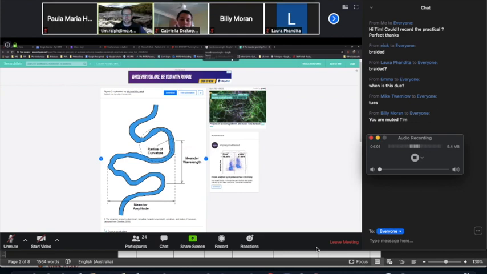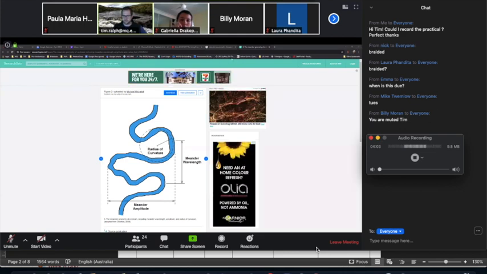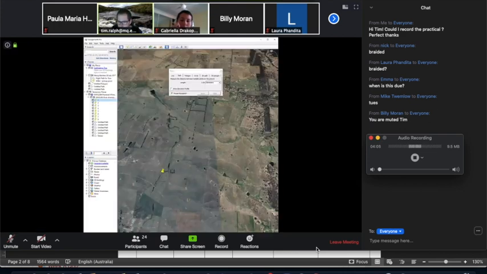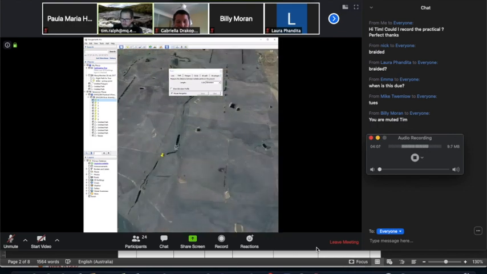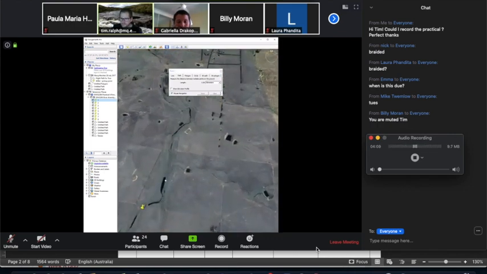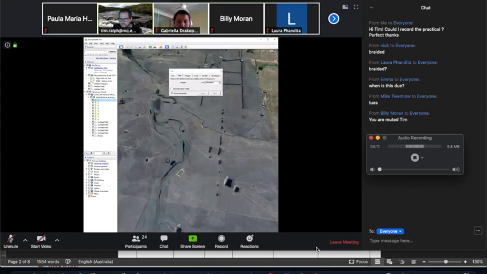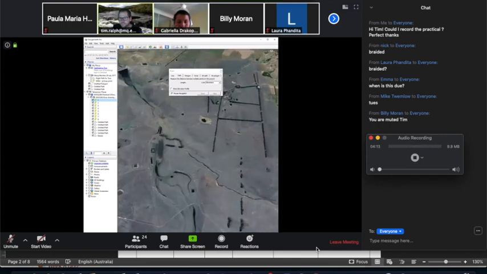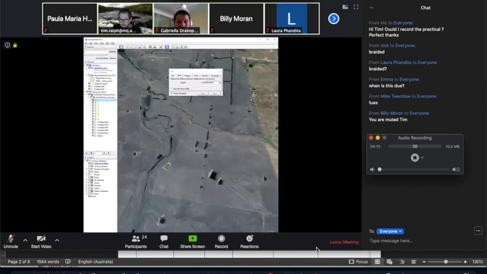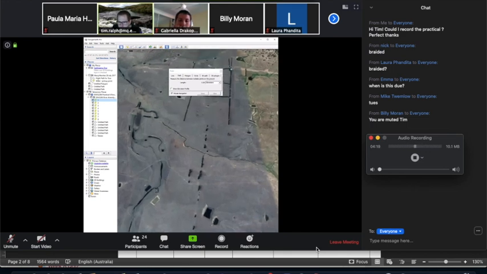So let's go back to sharing. Let's go to Google Earth and measure that distance if we can. All right, there's not a lot of examples here of big meanders, but in this area down here, there's a couple of little bends. There's not many. What we could do is use two here in a row, and go from there to there.